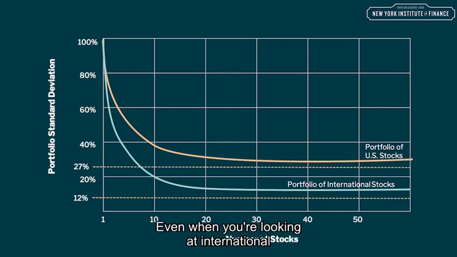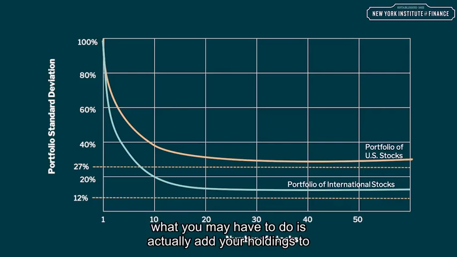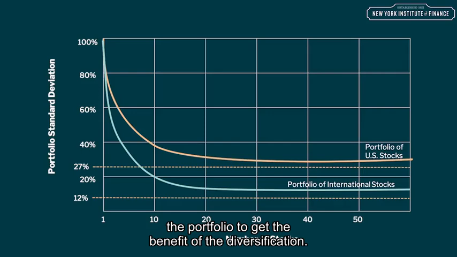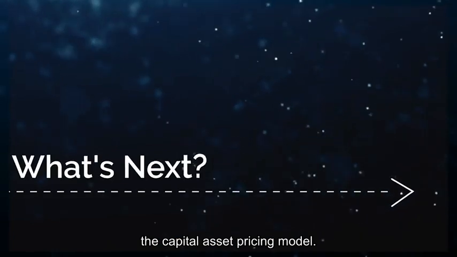And even when you're looking at international diversification, if you buy an international company that's in the same industry as a current holding, you're not going to get the benefit of the diversification. If you add similar industries into the portfolio, instead of having diversification on 30 selections, you may have to add more holdings to the portfolio to get the benefit of the diversification. But now let's take a look at the capital asset pricing model.